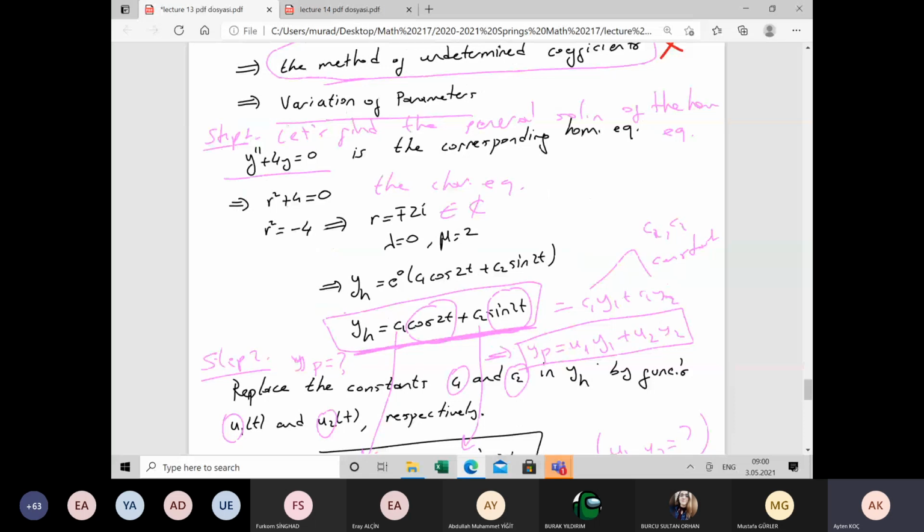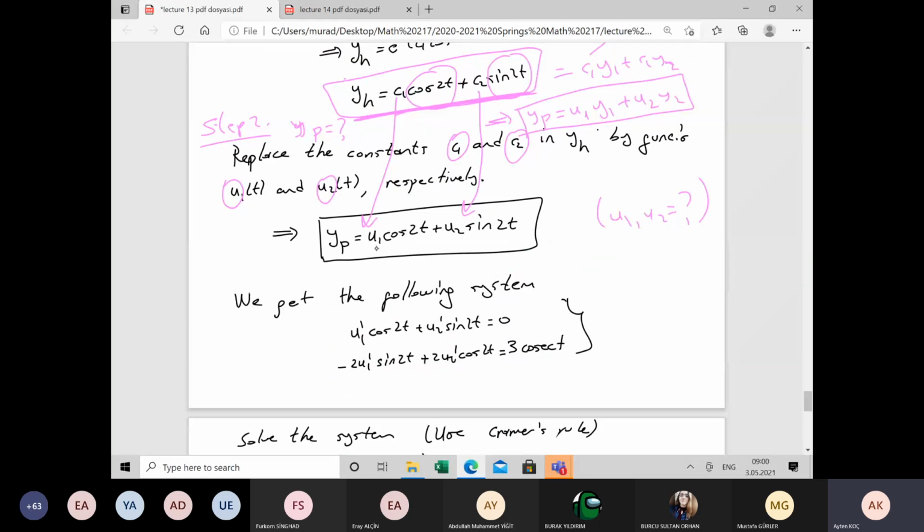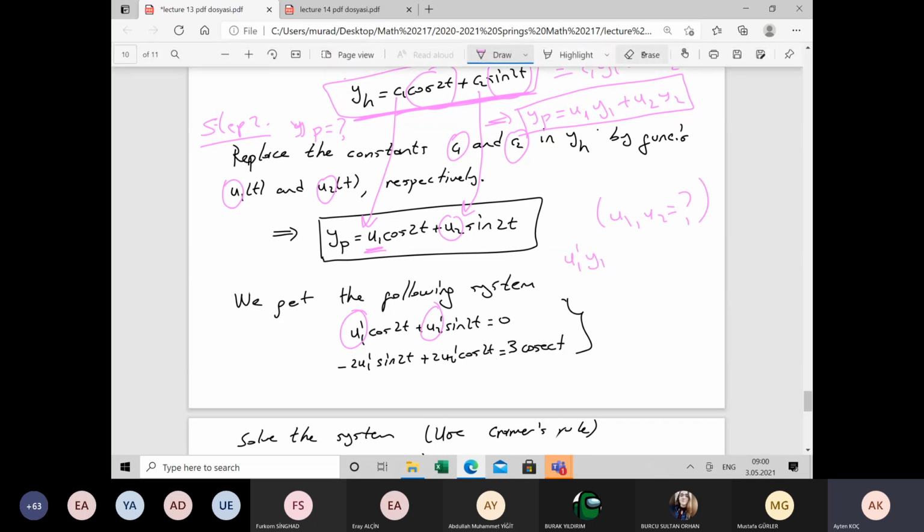So this one is a particular solution such that U1 prime y sub 1 plus U2 prime y sub 2 is 0. If the particular solution y sub p is U1 y sub 1 plus U2 y sub 2, we obtained this system.